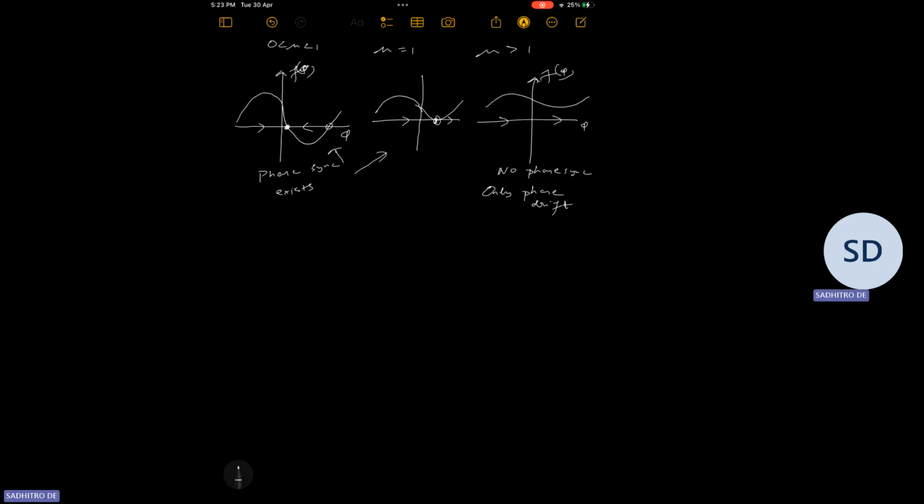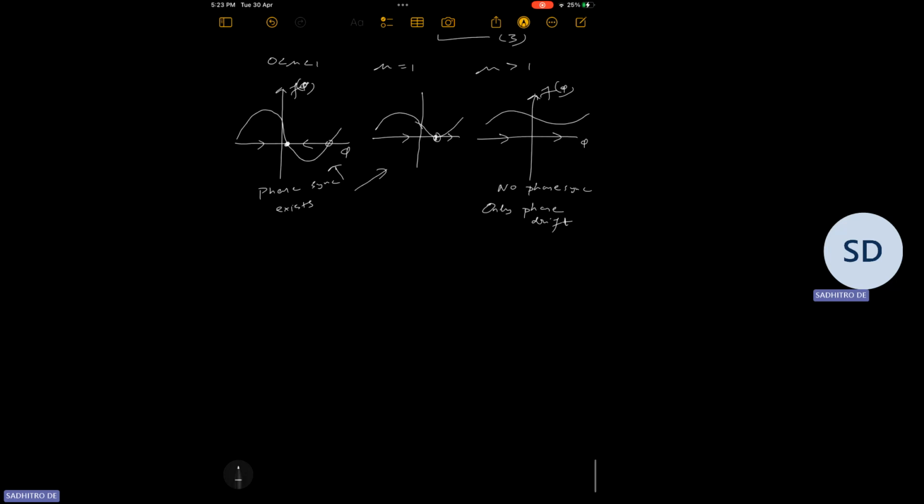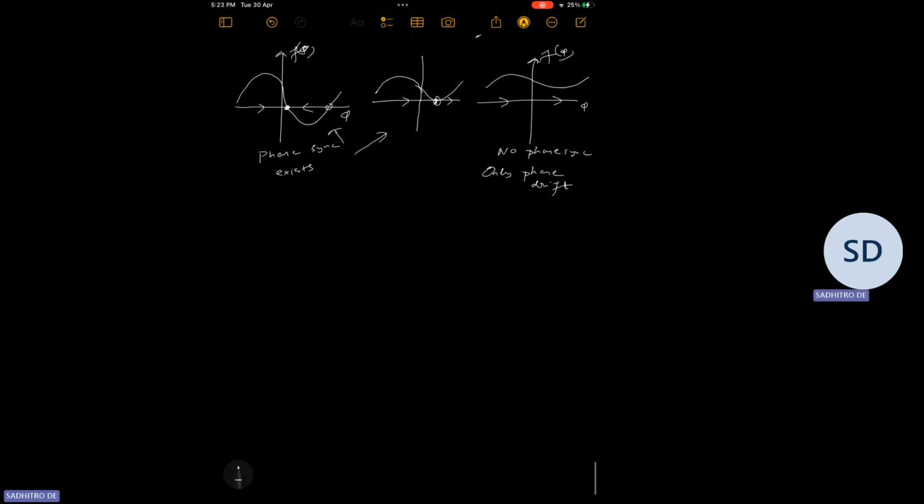Now, an interesting thing which one can study over here is the range of synchronization. So the condition for synchronization is that 0 less than equal to mu less than equal to 1.